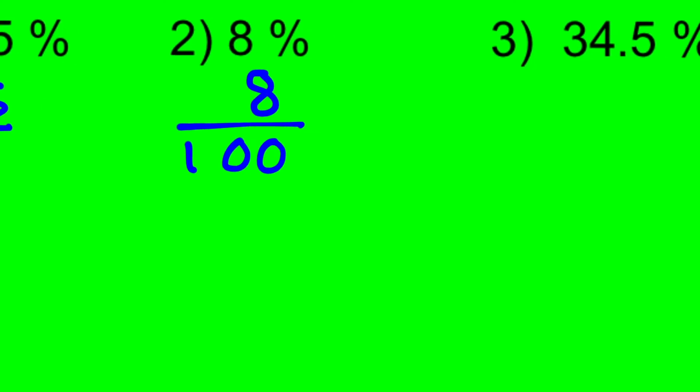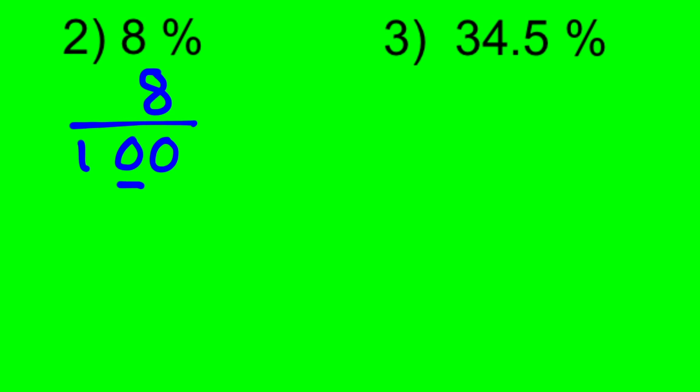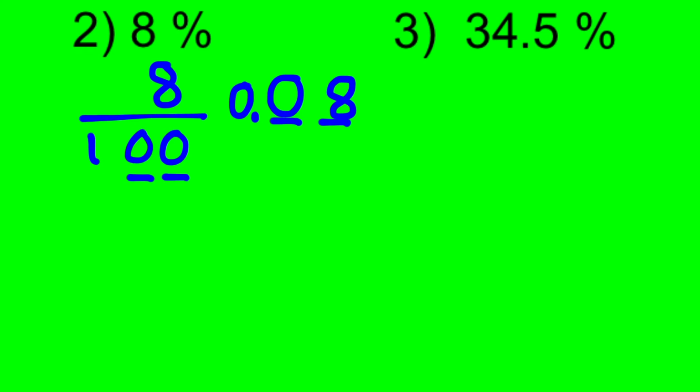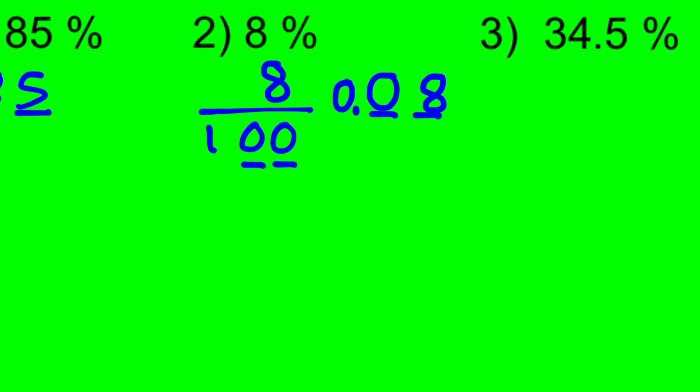Okay, number 2, 8%. Well, I know that means 8 out of 100. And I know that means 2 decimal spots. And I know that means in those decimal spots, I need to have 8 in the hundredths and a 0 in the tenths as a placeholder. Or, if I just think mental math, 8%.